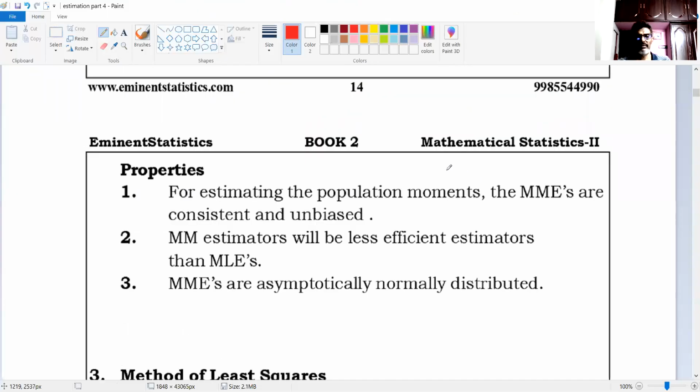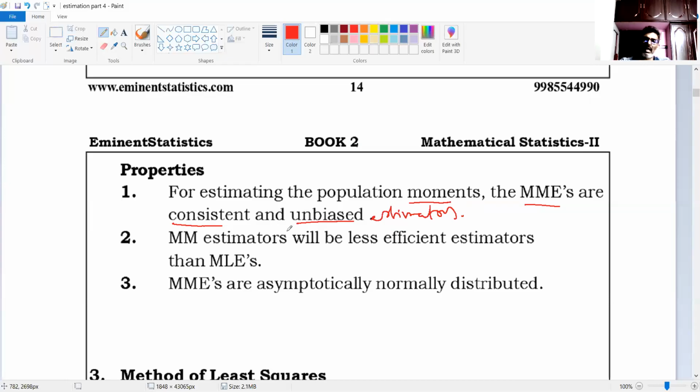Several properties are there. First property: for estimating the population moments, the MMEs are consistent and unbiased estimators.